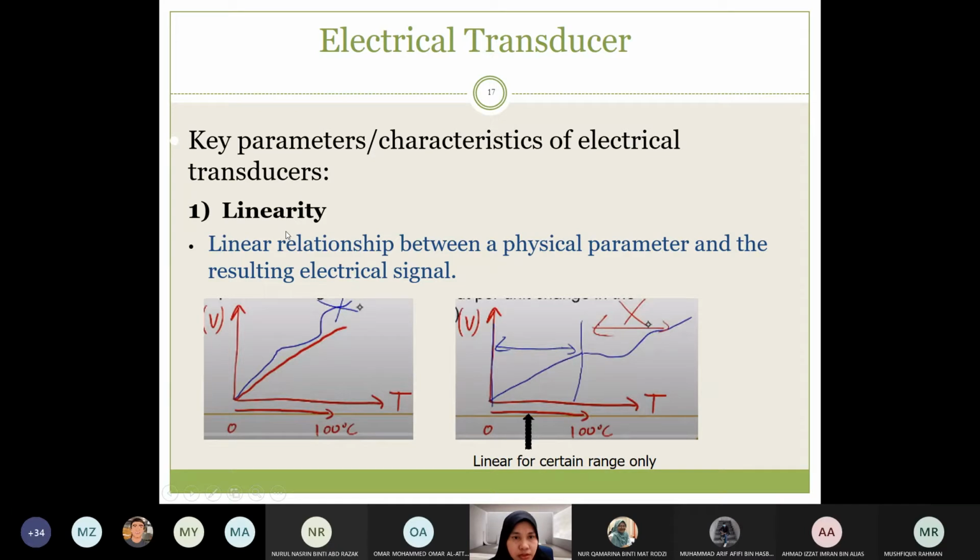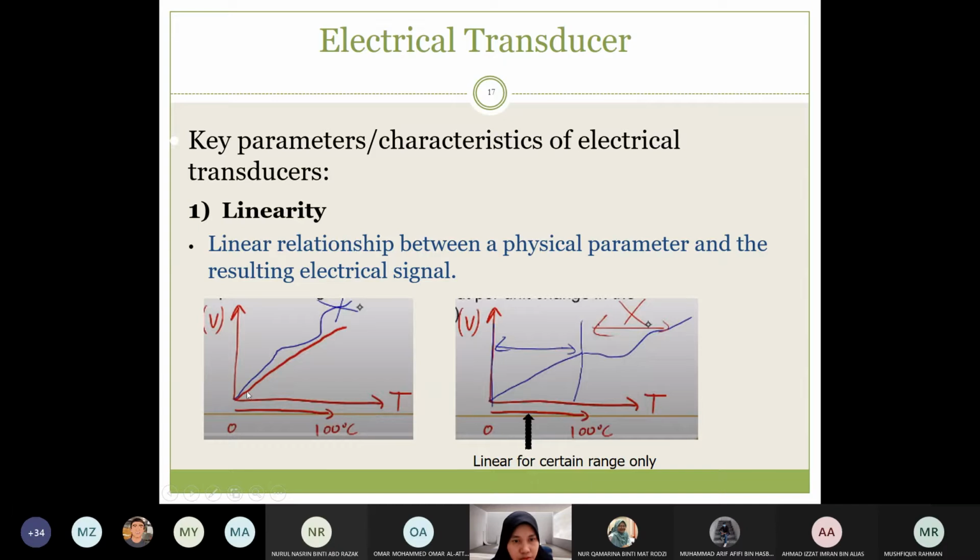For a linear characteristic of a thermometer, the voltage, okay, let's say, linearity means that the device must be always linear. If we plot a graph, a straight line of linear pattern will be produced.